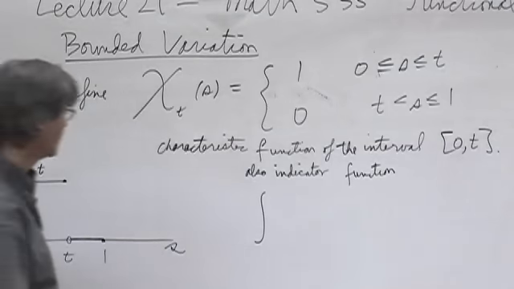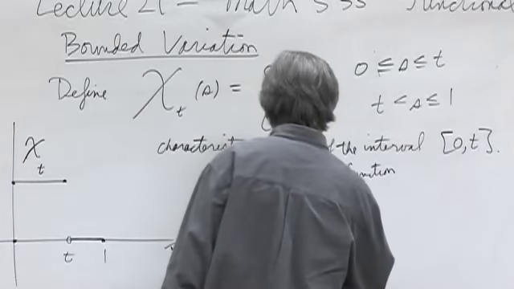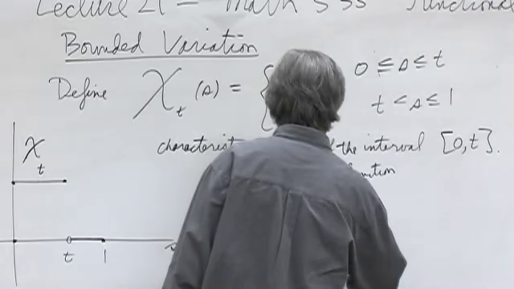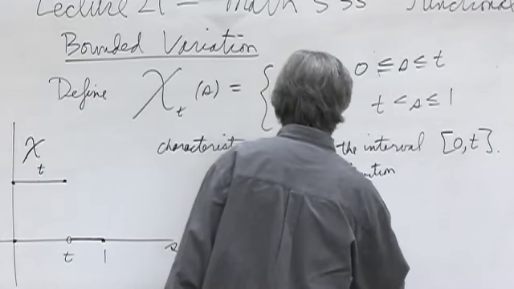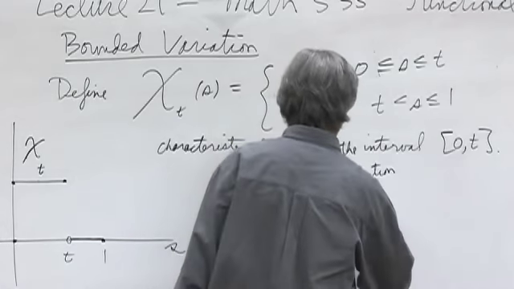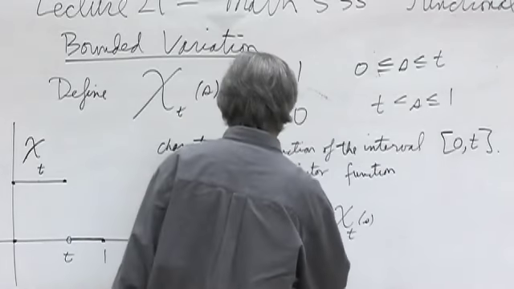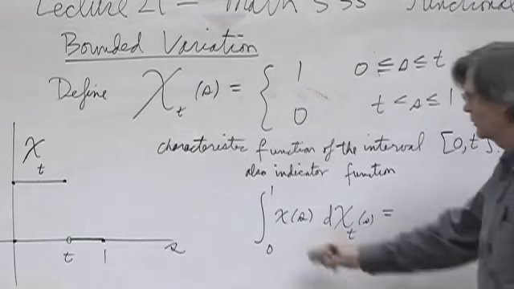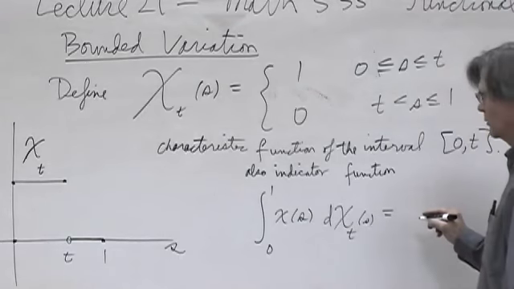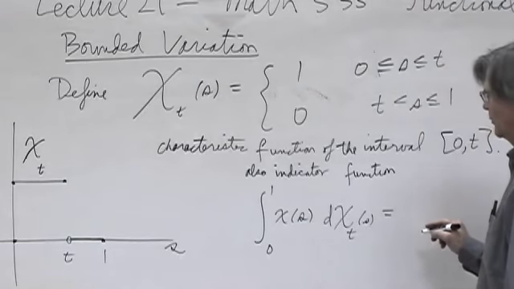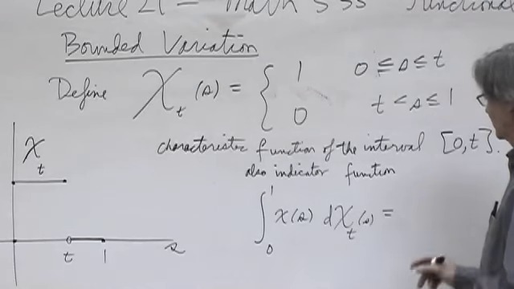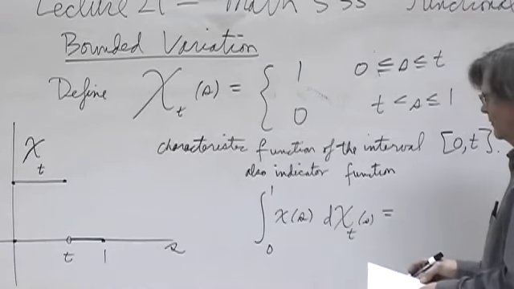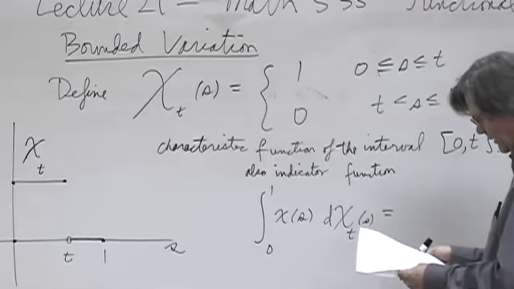Then the integral from 0 to 1 of x of s d chi sub t of s, what is that? If x is a continuous function, that gives you negative x of t, I guess, in this case. Is that right? The difference is negative 1.